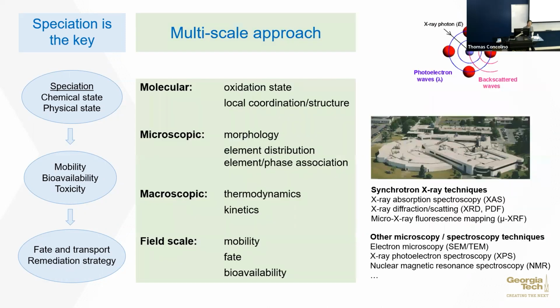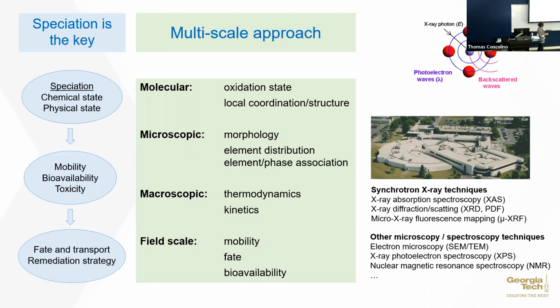So in order to understand how this different speciation would affect the large scale or microscopic scale processes, we really need to take a multiscale approach. So looking at the molecular scale, oxidation state, local coordination environment, microscopic morphology, element distribution, element phase association, and then moving on to thermodynamics and kinetics, and then field scale mobility, fate, and bioavailability.